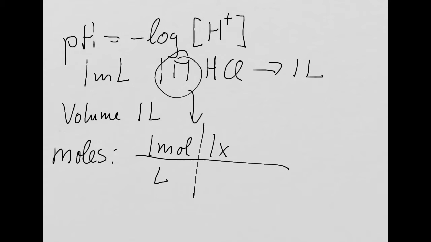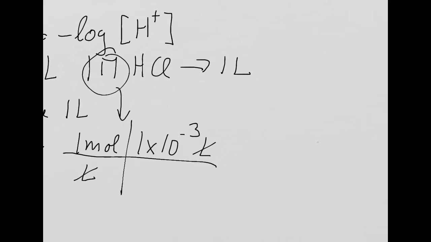So 1 times 10 to the minus 3 liter. That is how many moles we transfer into it. Liters cancel out, and we have 1 times 10 to the minus 3 mole. So these 1 times 10 to the minus 3 mole, or 1 millimole, that is what we put in this liter.